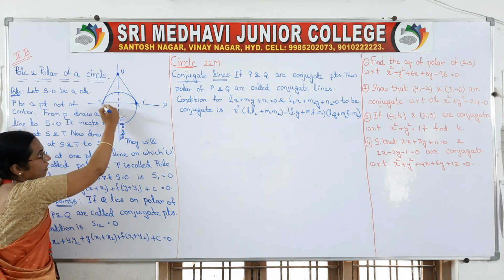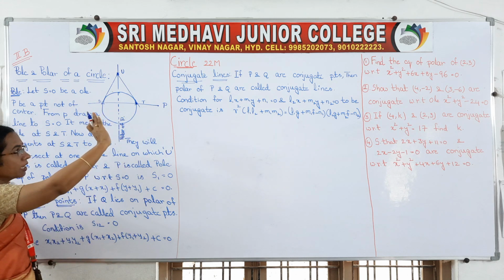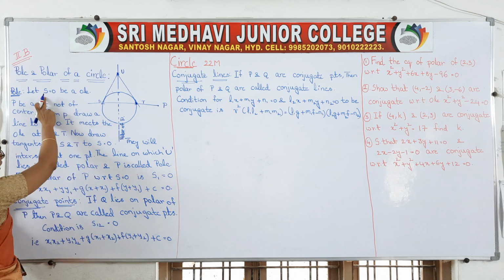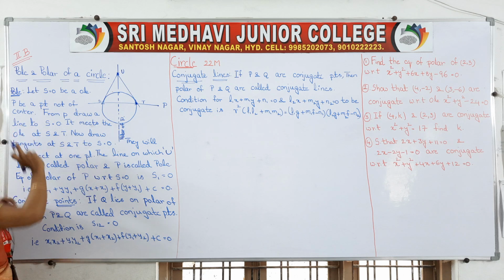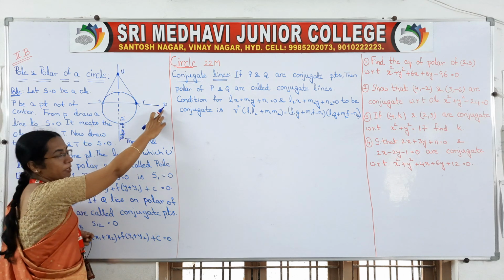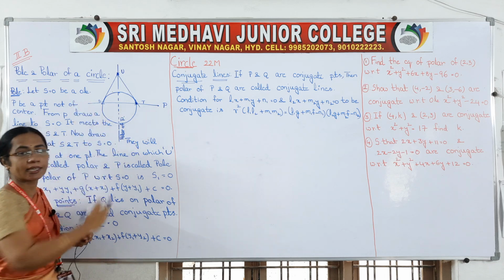See, this is the circle. You take one point on the plane, not the center. So let S = 0 be a circle, P be a point not the center. You take one point P on the plane and draw the line from P to the circle.